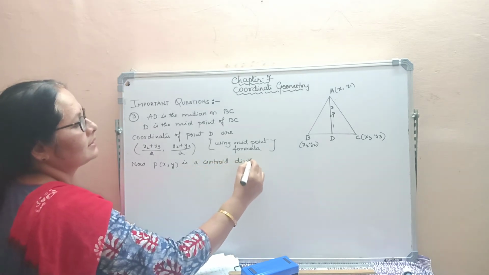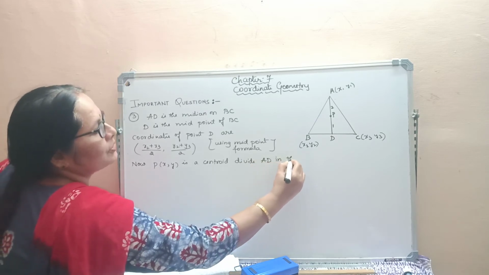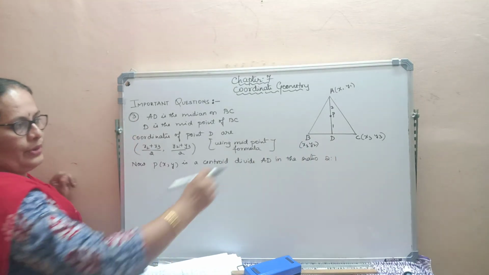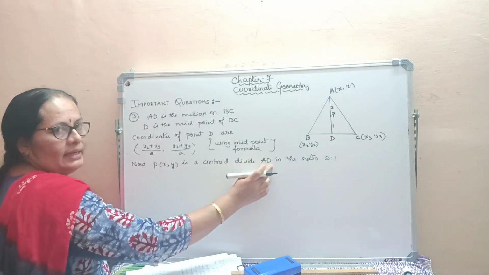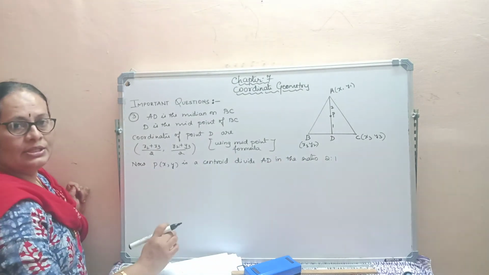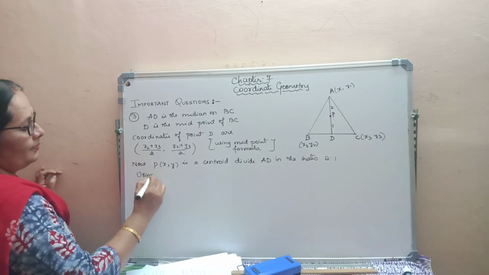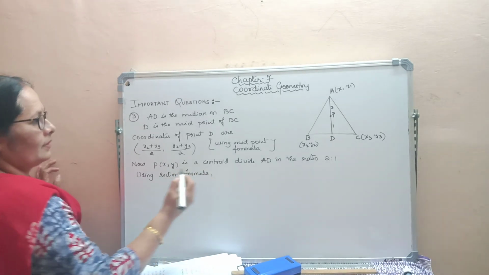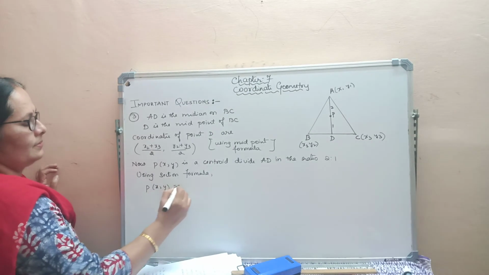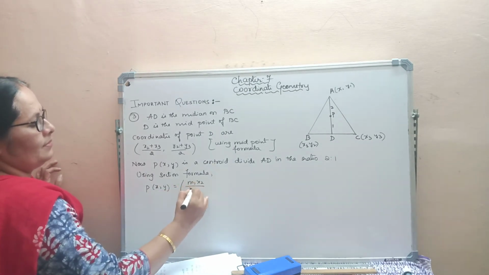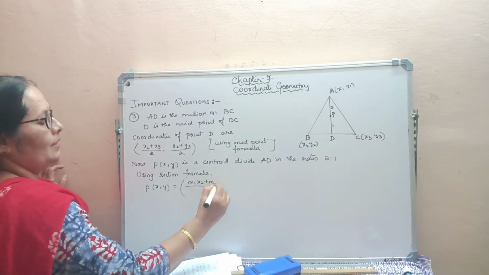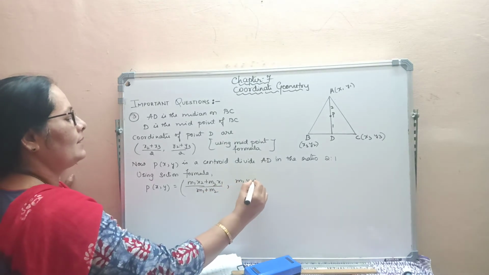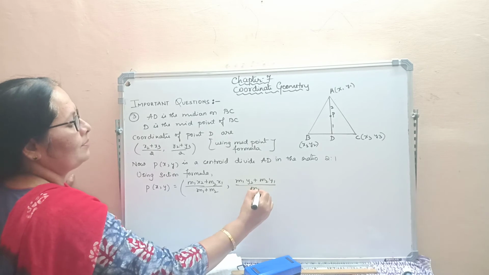It divides AD in the ratio 2:1. So point P, that is the centroid, divides AD, that is the median, in the ratio 2:1. Using the section formula, P(x, y) equals (m1 x2 plus m2 x1 upon m1 plus m2, m1 y2 plus m2 y1 upon m1 plus m2).